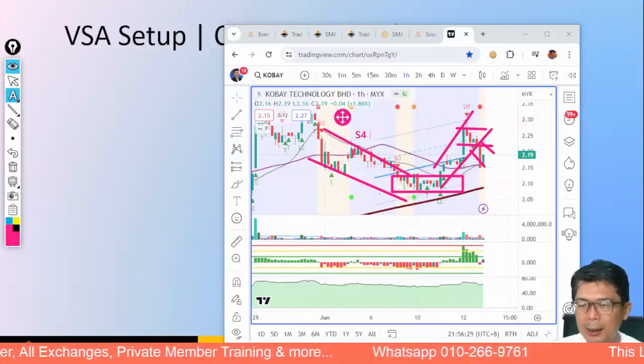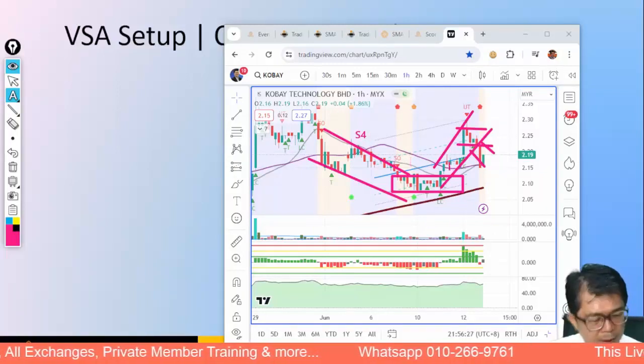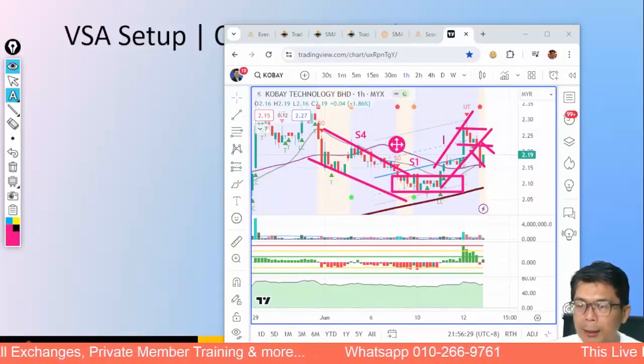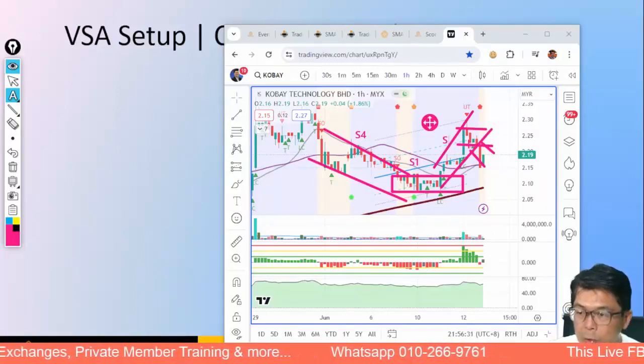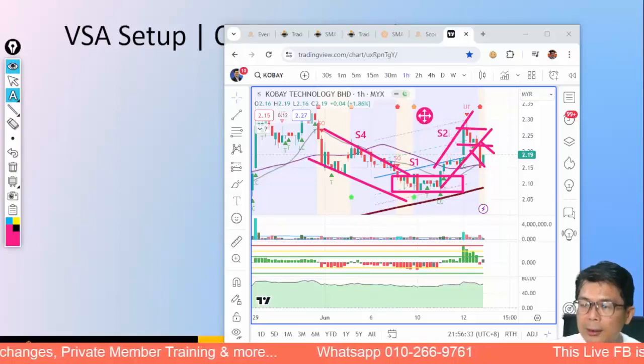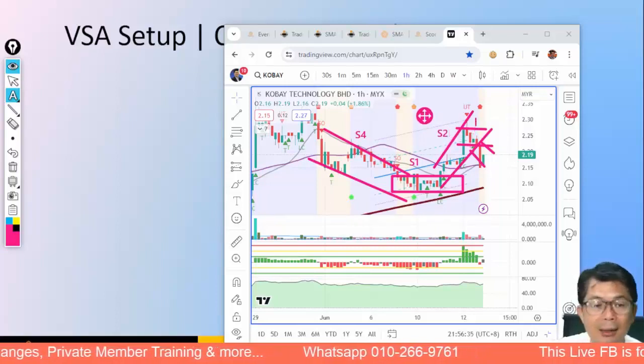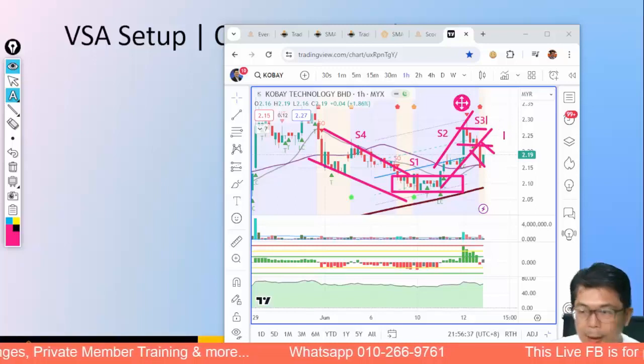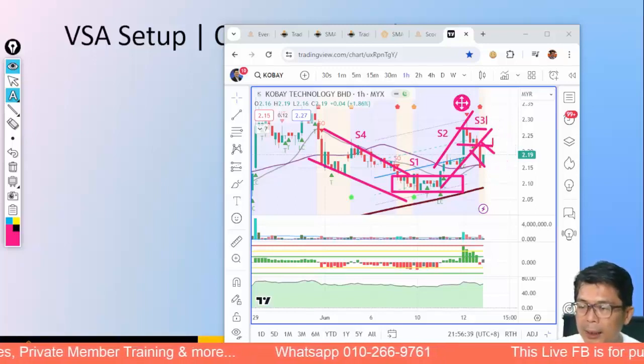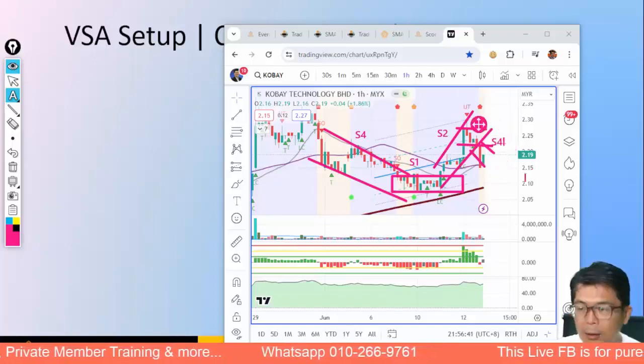The market rolled back up in here. So stage 4, then we have a stage 1, this was a stage 2. In between the stage 2 we have a middle stage 3. Here we are, the beginning of a stage 4.